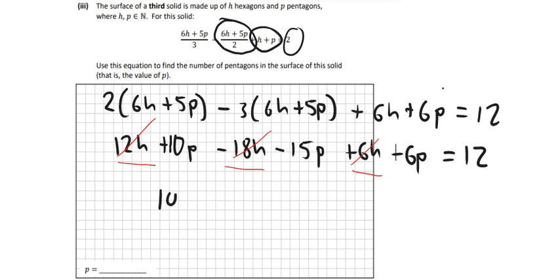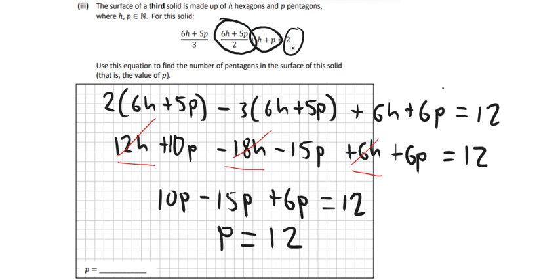And then you've got 10p minus 15p plus 6p equals 12, and this works out nicely as well, because you get 10 minus 15, which is minus 5, and then you add on 6, which is 1, so you get 1p, or just p, so you get p equals 12. It actually doesn't end up being that much work, the whole question. It works out really nicely.